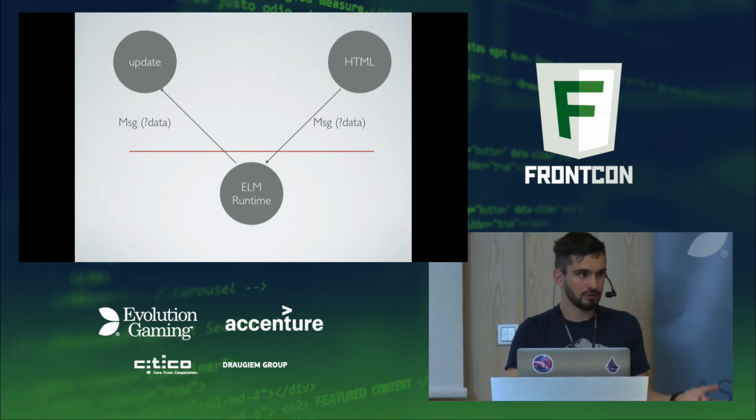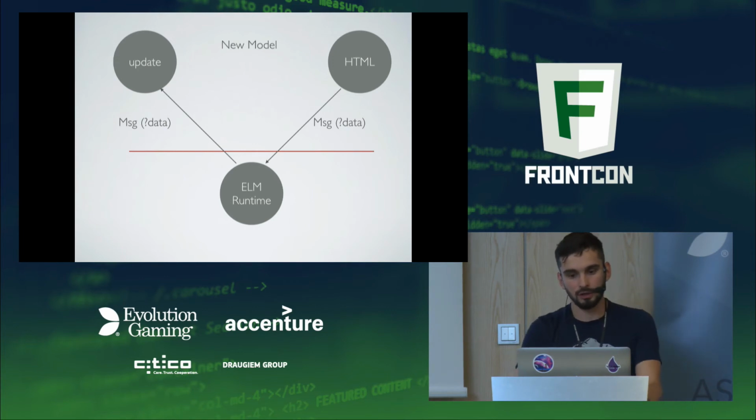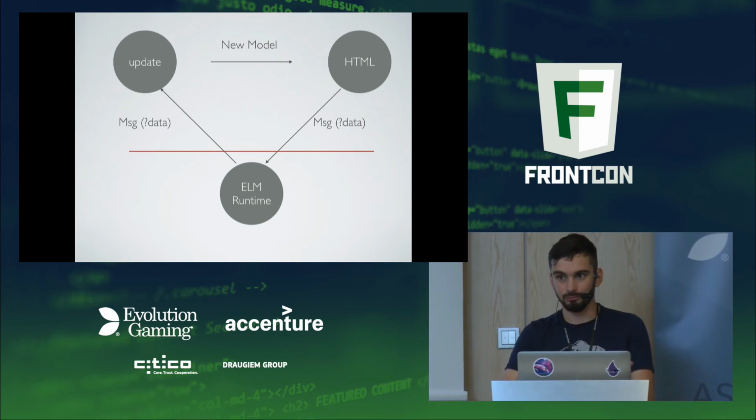And the update function is responsible for modifying the state of the application, or in other words, our model. So our model will get updated, and by the means of virtual DOM, like we do in React or mostly any other framework out there right now, it will regenerate the HTML. It's blazingly fast, right?